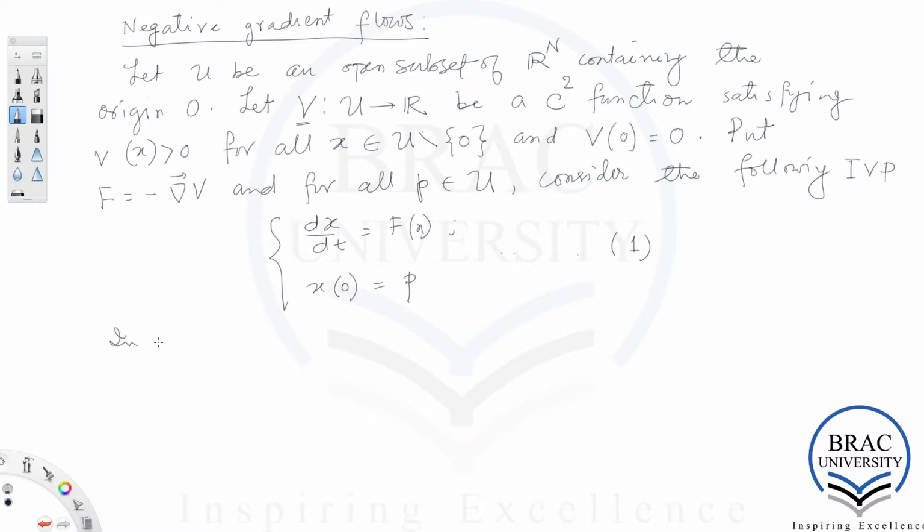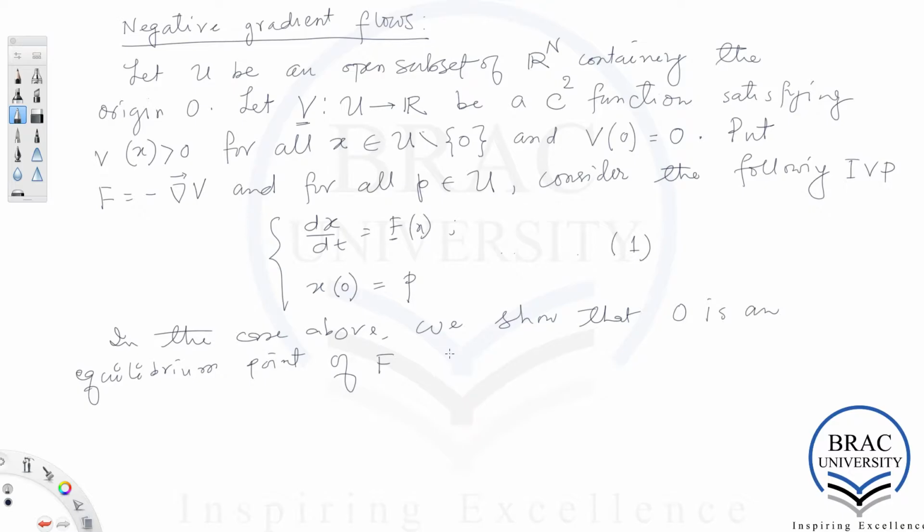Now, in the case above, we first show that 0 is an equilibrium point of this function f from U to R^n, and also we want f to have no other equilibrium points in some neighborhood of the origin.